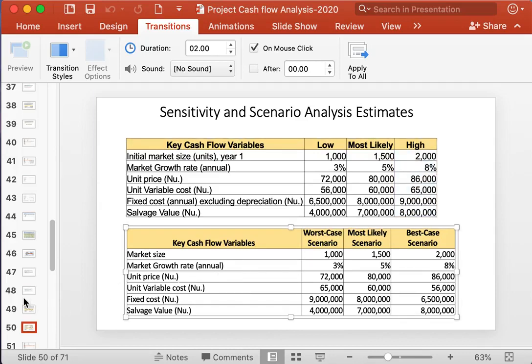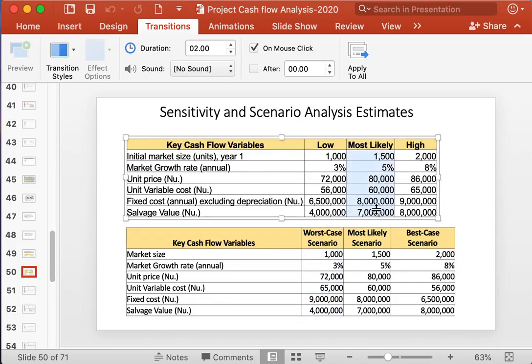Okay, so using the probable values of each of these key variables, we then generate the cash flow as we did for the sensitivity analysis using the most likely values of each of these variables.